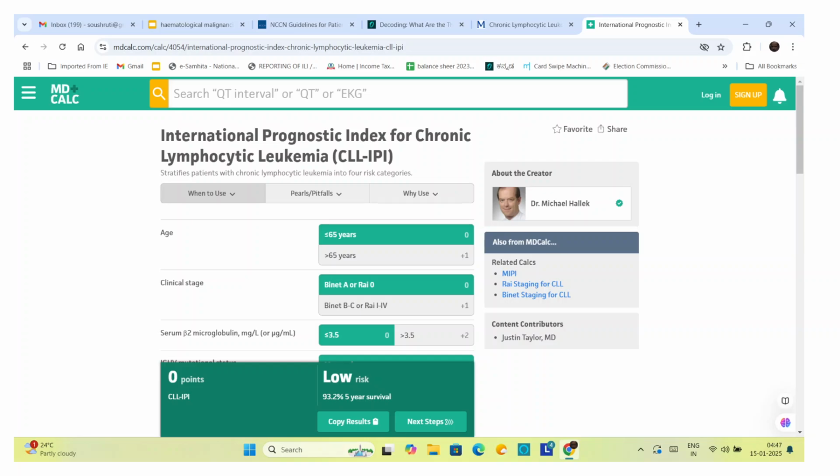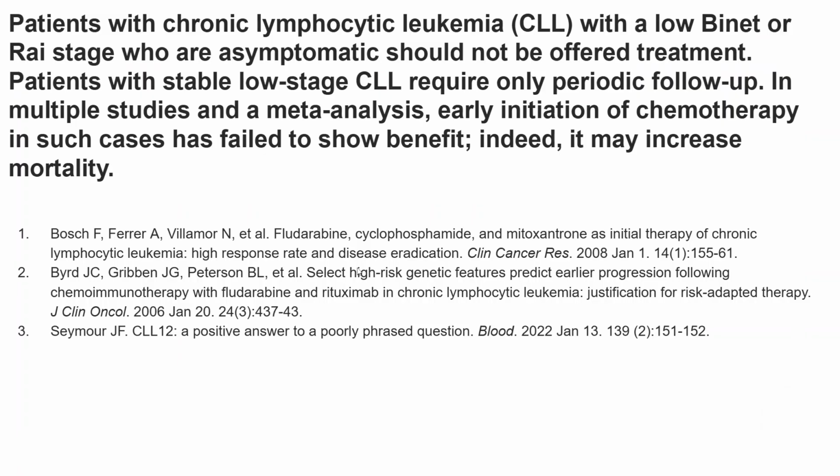This again is a very complicated issue; there is a website which gives you the total staging. The international prognostic index is calculated on its own, and this is the URL. Of course, most of these are not useful in routine clinical practice. This is mainly from the theory point of view.